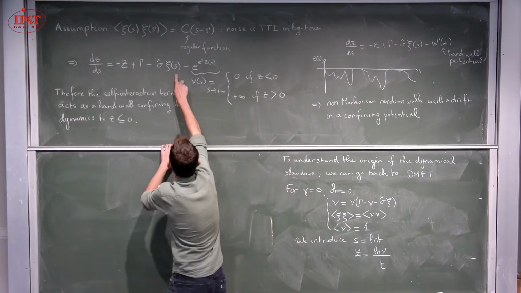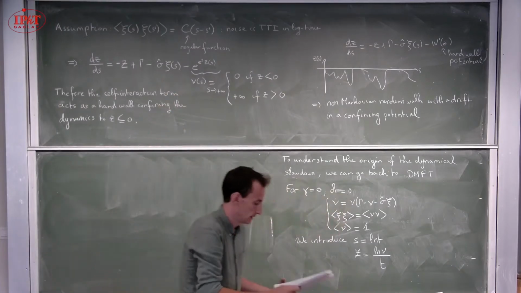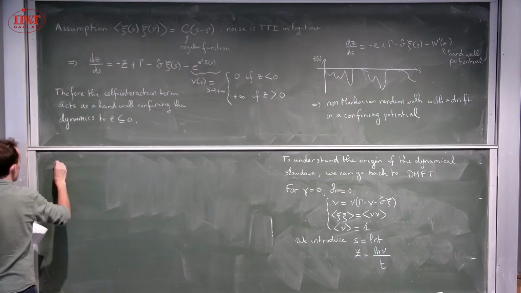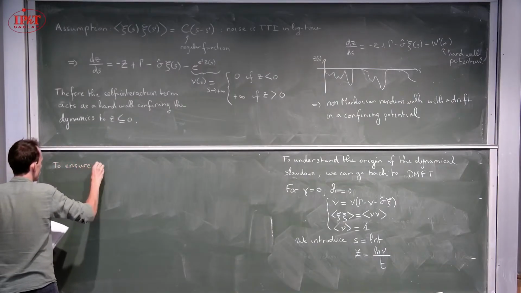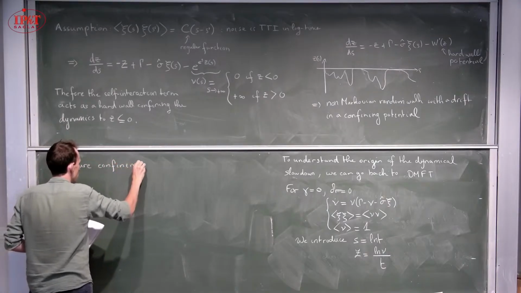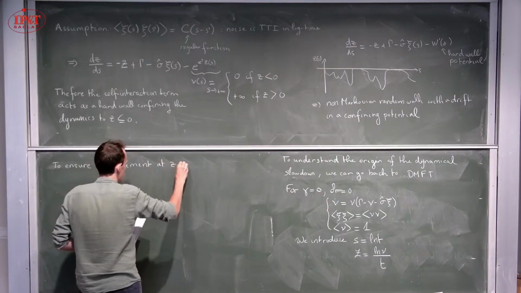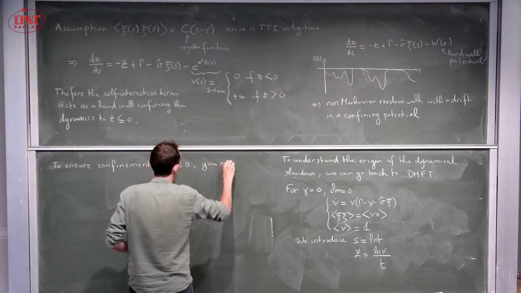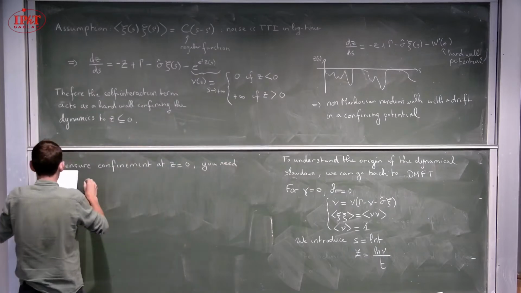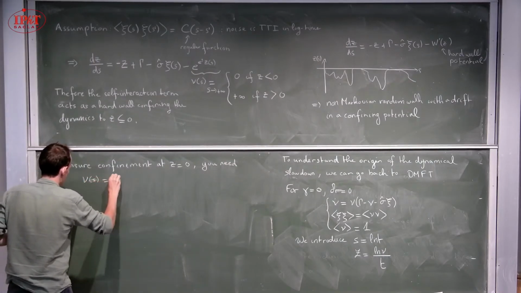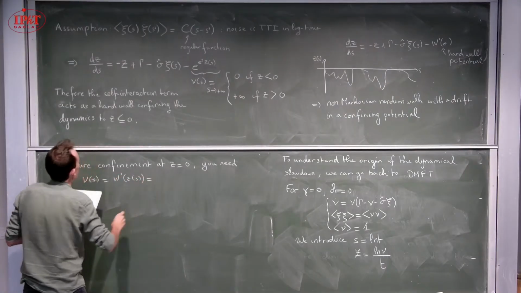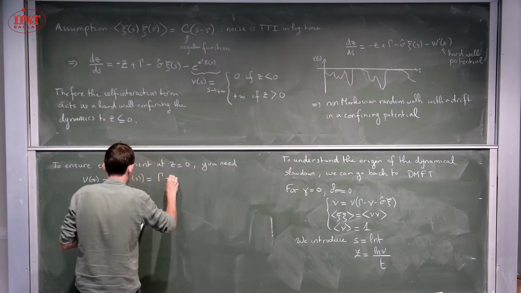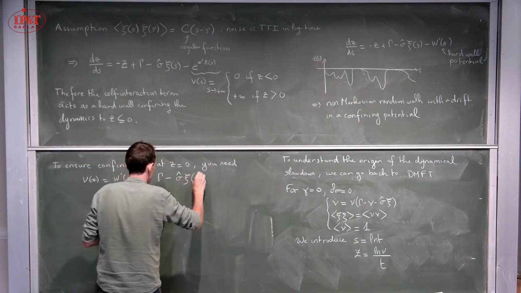Since this guy is continuous, to ensure confinement at z equal to 0, what you need is that nu of s, which is W prime of z of s as I wrote it, exactly compensates for the driving term here, and is gamma minus sigma psi of s.